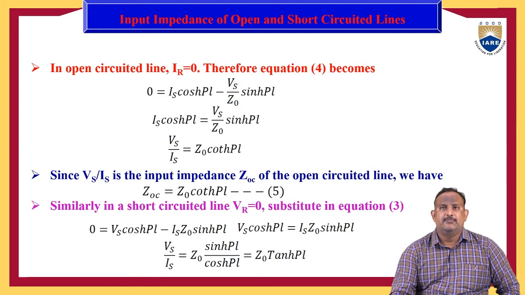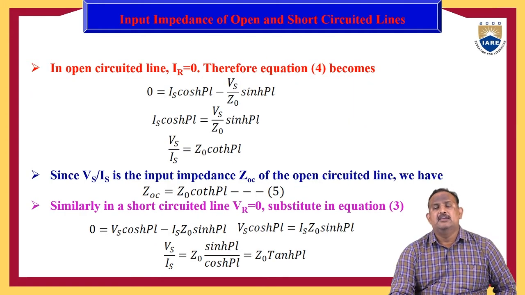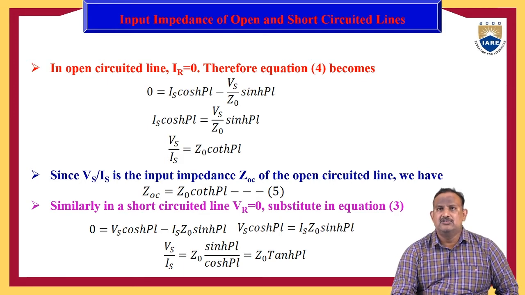Now, in an open circuited line, IR is equal to 0 at the receiving end, the current is equal to 0.